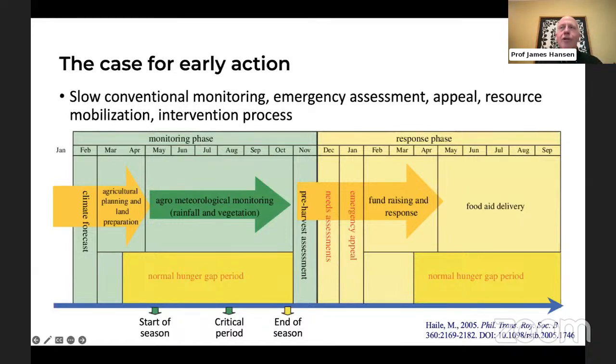So traditionally, humanitarian organizations implemented various early warning systems, characterizing risk, monitoring signs of food insecurity.